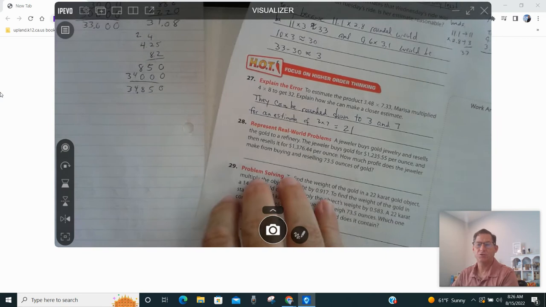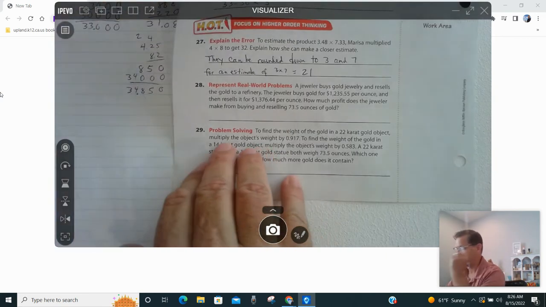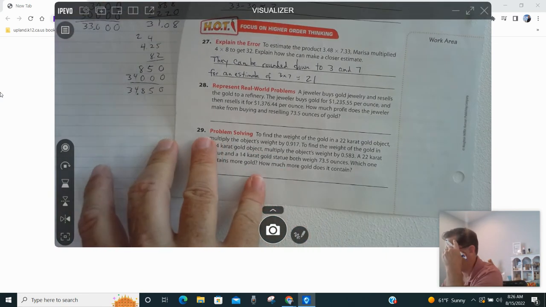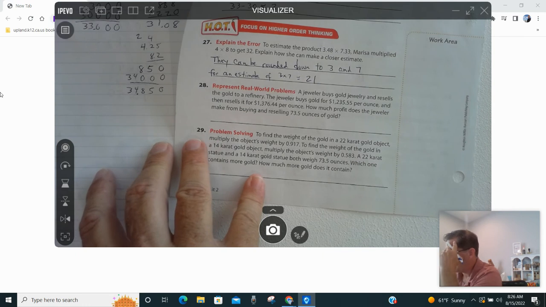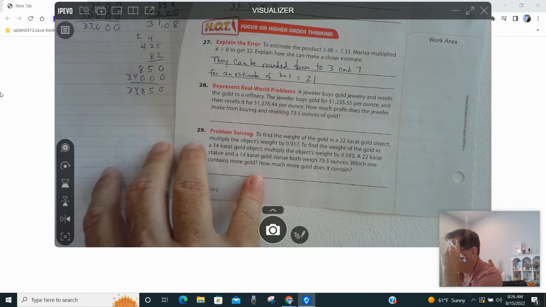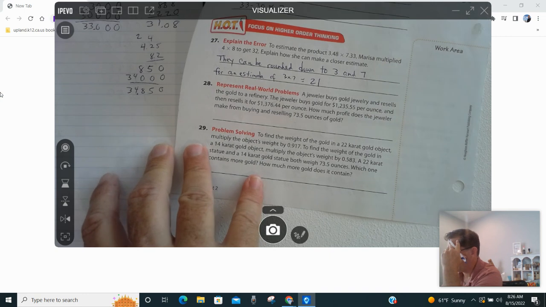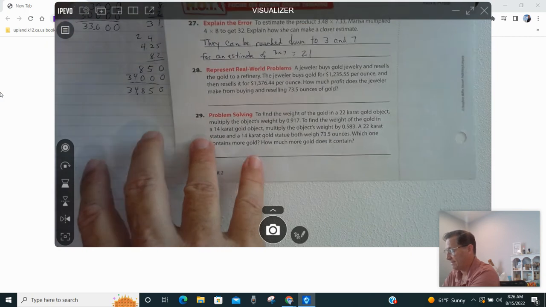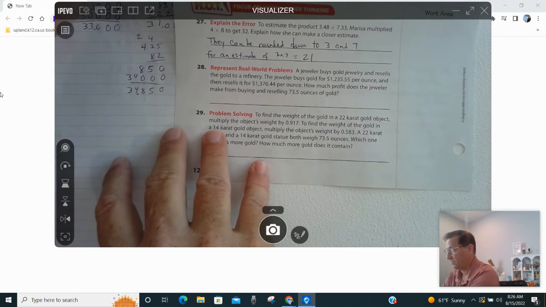And 28. A jeweler buys gold jewelry and resells the gold to a refinery. The jeweler buys gold for $1,235.55 per ounce and then resells it for $1,376.44 per ounce. How much profit does the jeweler make from buying and reselling 73 and a half ounces of gold?